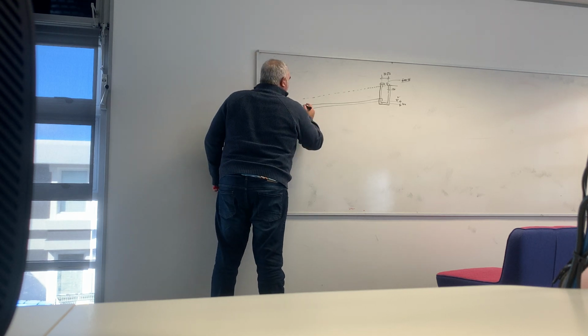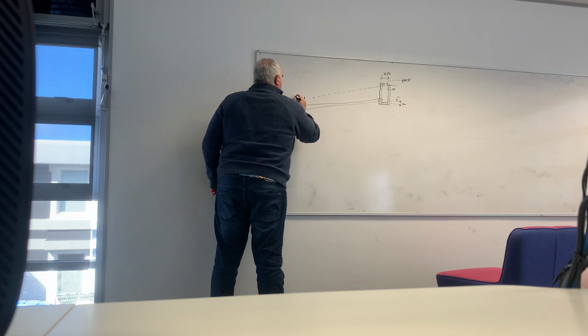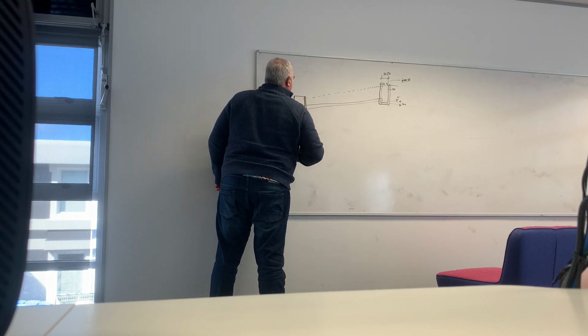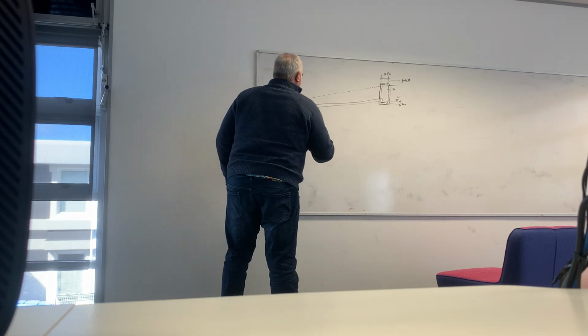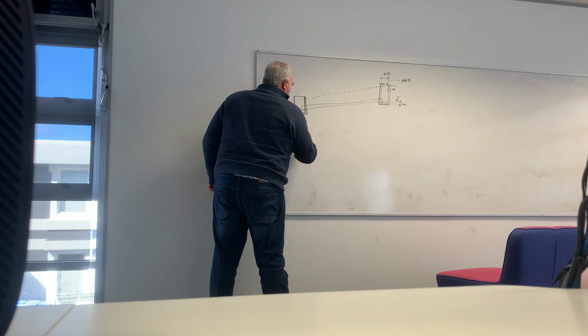We need to come back 100 and we draw in the outlet structure. In fact, the outlet structure looks like that. Why does it look like that? Because in plan view, it's going to look like this.